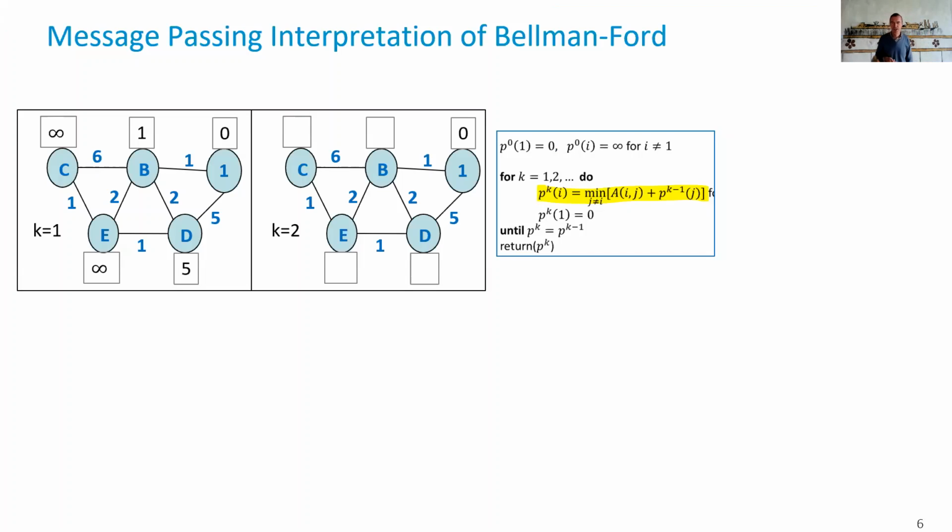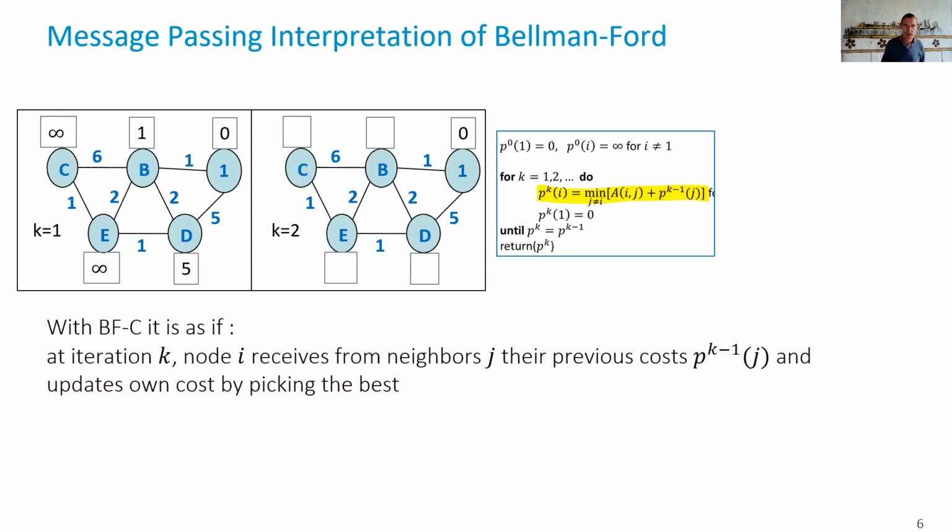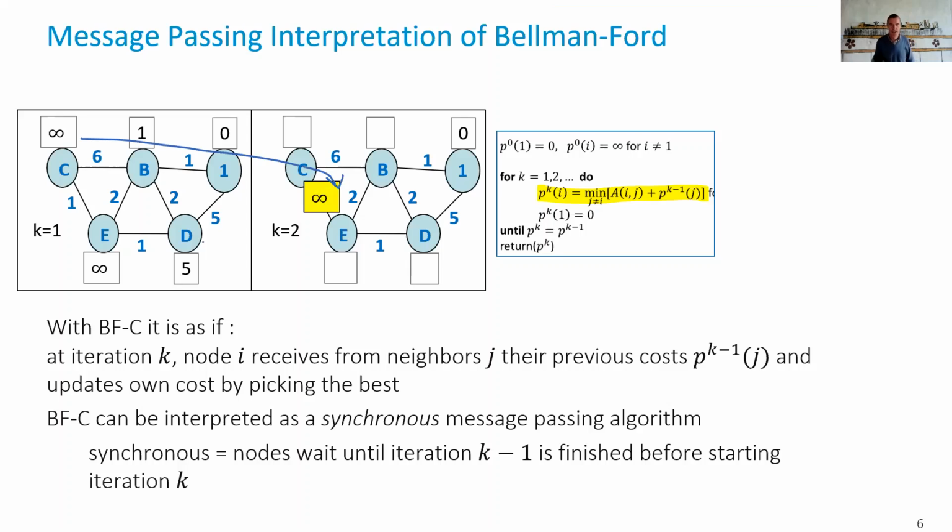So this is an interpretation in a centralized way, but another alternative interpretation, which is interesting, is the so-called message passing interpretation. The message passing interpretation consists in saying, this is as if at iteration k, node I receives from every neighbor their previous costs and updates its own estimate by comparing to what it has received and taking the best of what it can obtain, which is in reality what happens in distance vector.